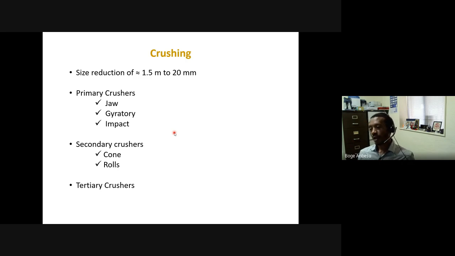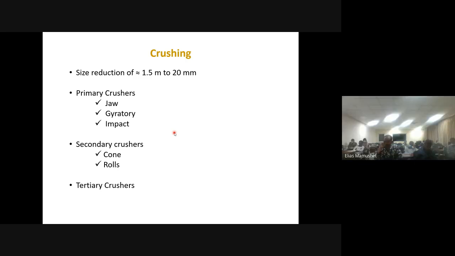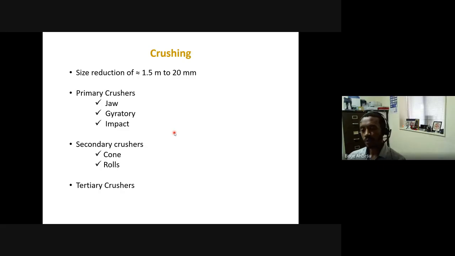Yeah, I think this classification is mainly based on what purposes they can be used for. Again, mind you, final product size is only a rough guide when it comes to a crusher. When it comes to milling and grinding operations, final product size becomes critical.